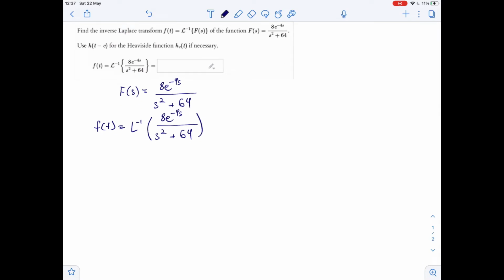So the inverse transform rule states that, wait, let me write down this rule just to review it. Inverse transform rule.